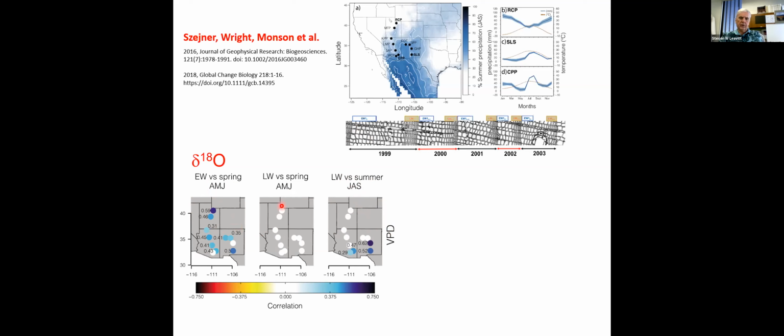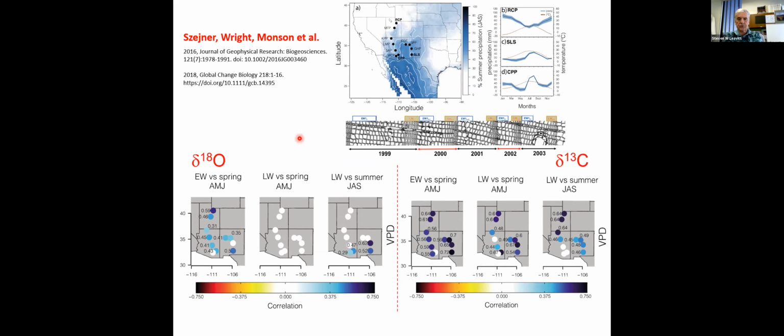For late wood, though, there's pretty much no relationship between the delta 18O and late wood and VPD in April, May, June. But during the summer, we see some. We see some which is primarily down here in the southern reaches of the transects. We're not seeing it up here. C13 provides more information. C13 was also analyzed in all these trees.